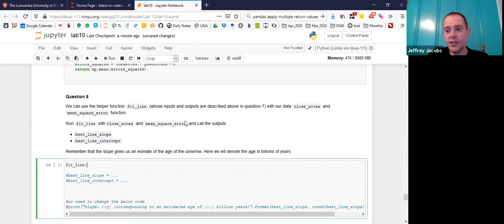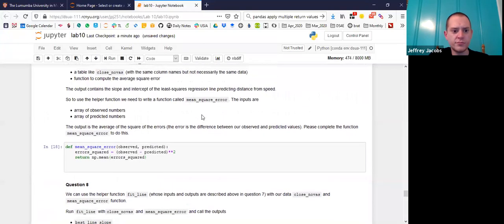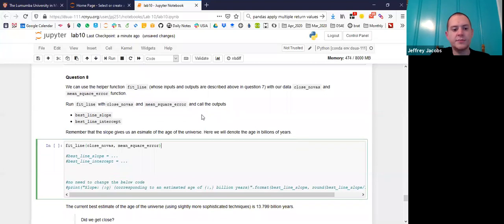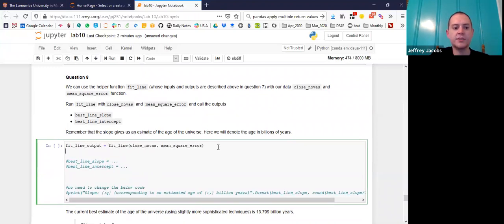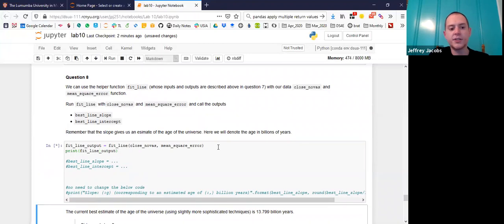Fit line takes in a data table, in this case close novas, and a function that it uses to compute how bad a line is. In this case, we'll give it mean squared error. I'll say fit line output equals that, and then print fit line output so you can see what it looks like.